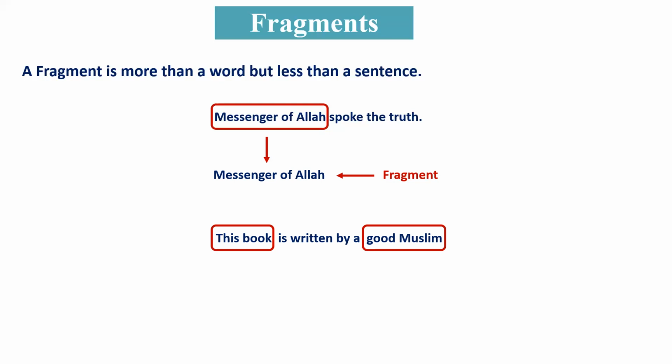It is more than a word, less than a sentence. Both of them I will separate from the sentence and call fragments. It's just a simple thing. Now you should all know what a fragment is. Okay.